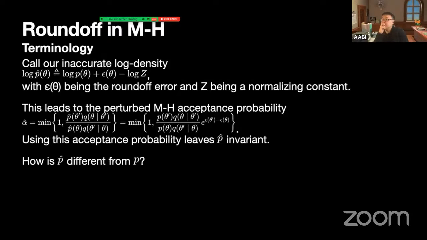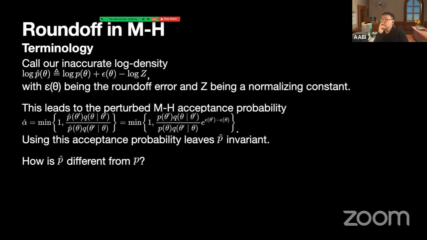But it'll cancel out everywhere we look at it. This leads to a perturbed Metropolis-Hastings acceptance probability, which is the acceptance probability that we actually wind up computing and plugging into our Metropolis-Hastings algorithm. It winds up just being that we plug this p hat into the standard Metropolis-Hastings ratio.